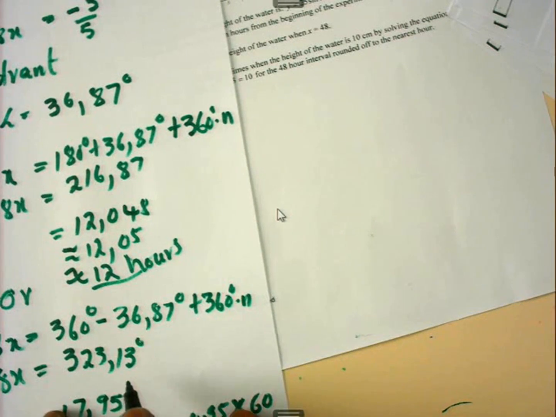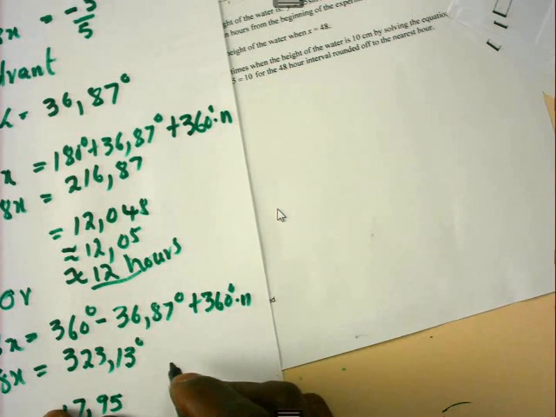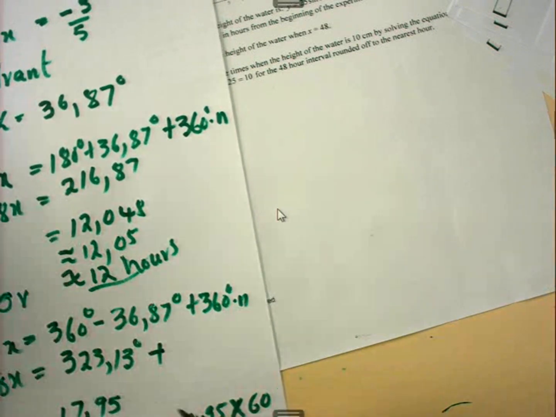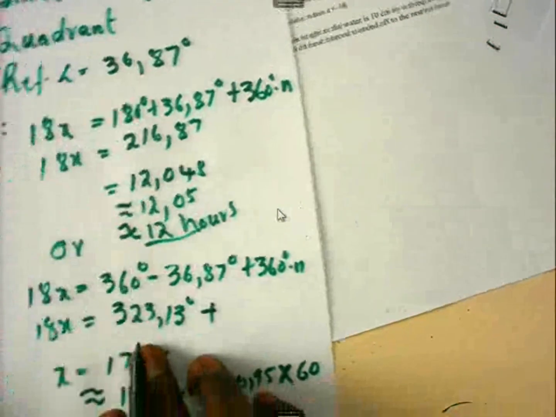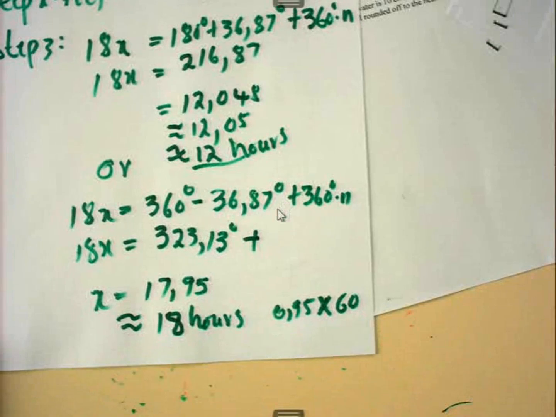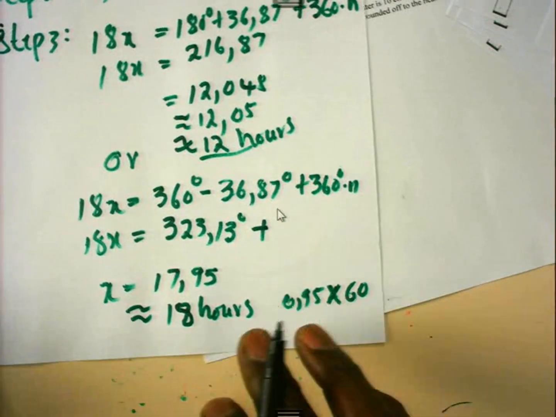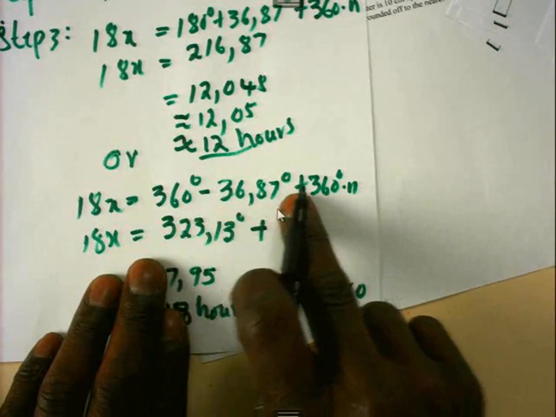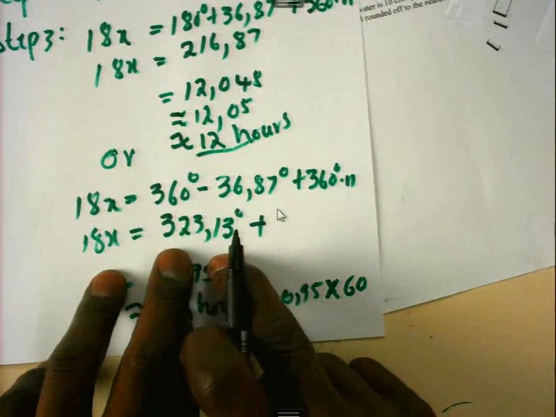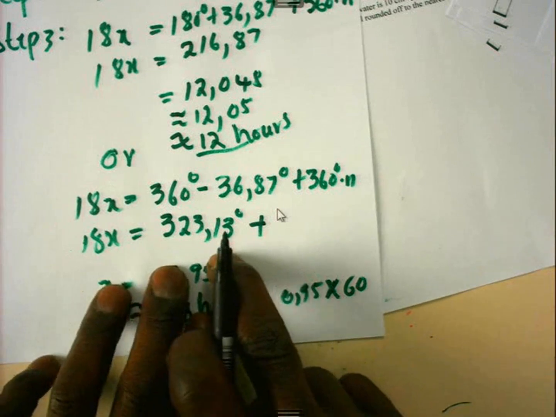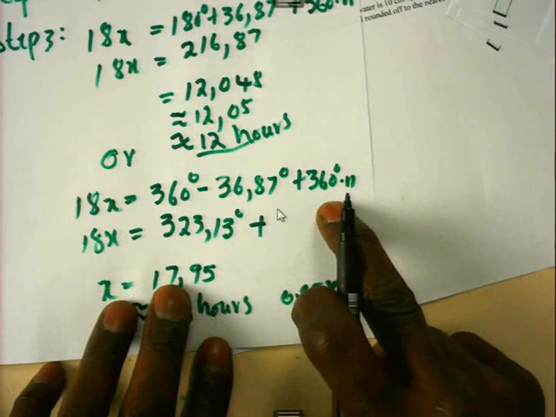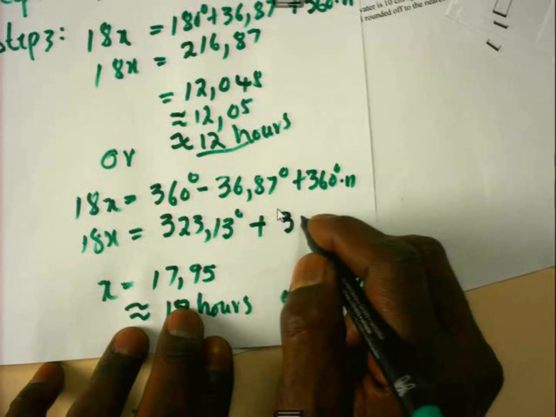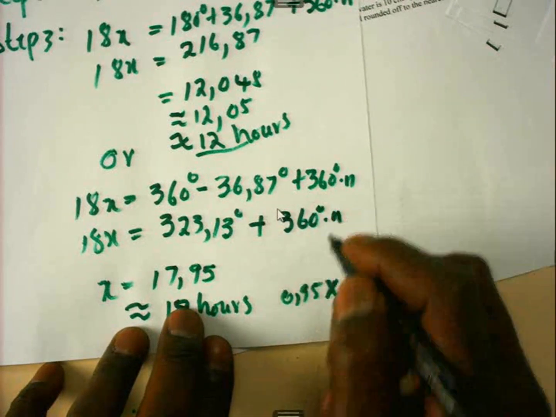And here, we subtract 36,87 from 360 and we've got 323,13 plus 360 degrees times n.